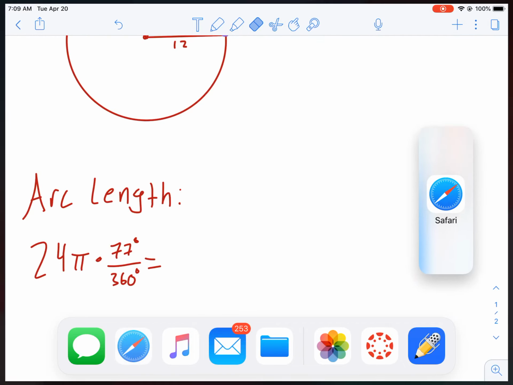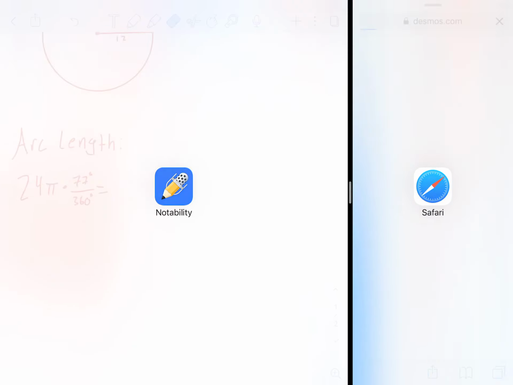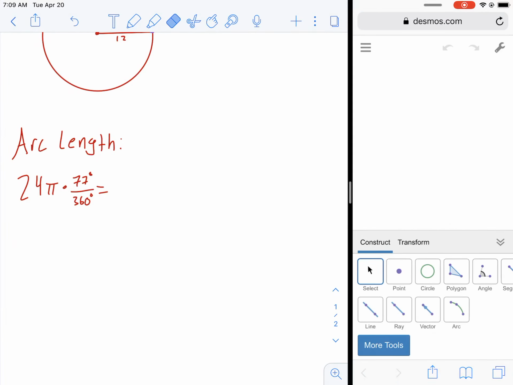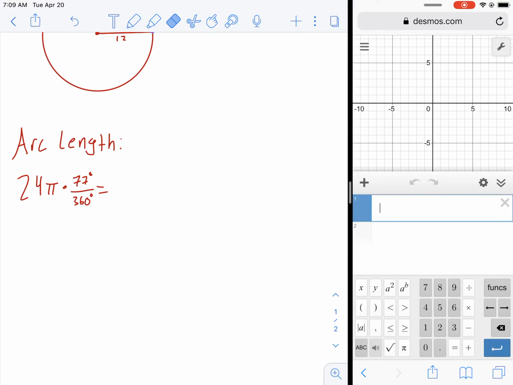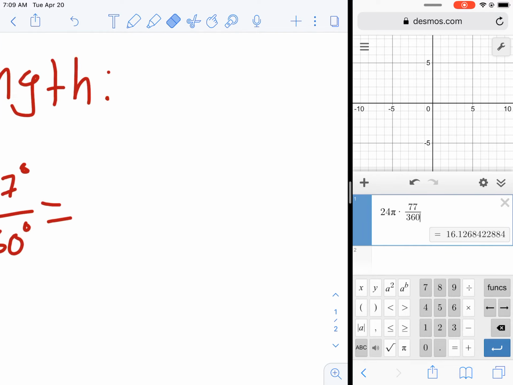At that point, we want to get our calculator out and put this formula into our calculator. We do want normal Desmos. So we can put 24 pi times 77 divided by 360, and that gives us 16.13.